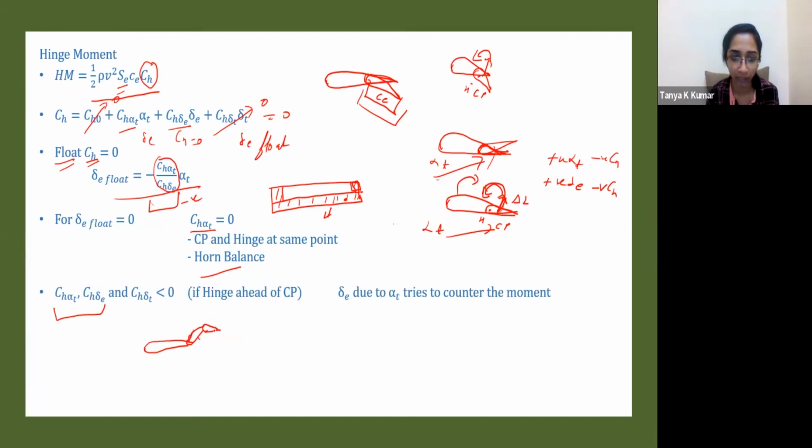This is your elevator, this is your trim tab. When this is floating above, your trim tab is deflected down and it produces a positive N, which again produces a negative moment about your hinge. So for positive delta T, delta T being the trim tab deflection, you get a negative hinge moment. So all these three parameters are negative.